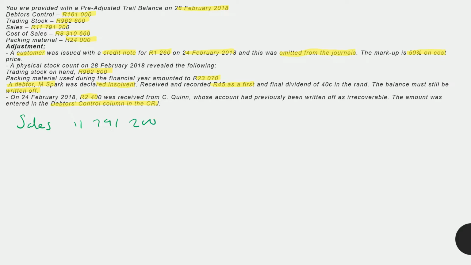Then the first adjustment that you need to make is this one. We're not given a debtors allowance, so that's minus 1,260. That reduces your sales.